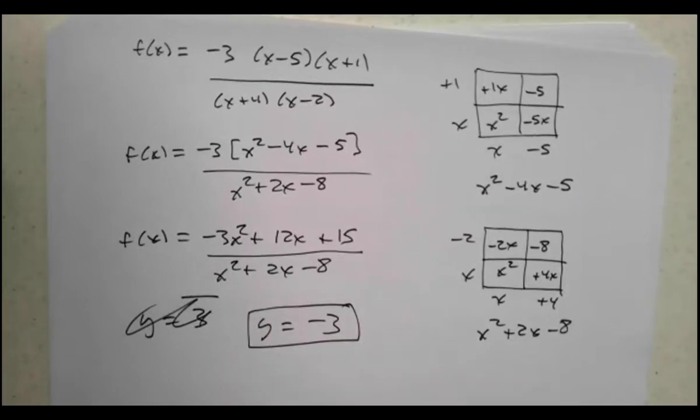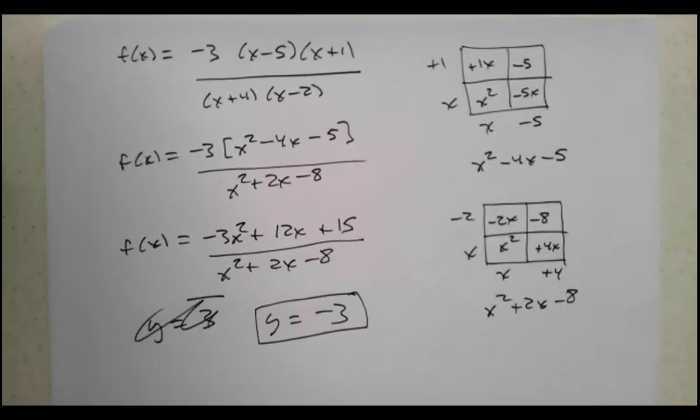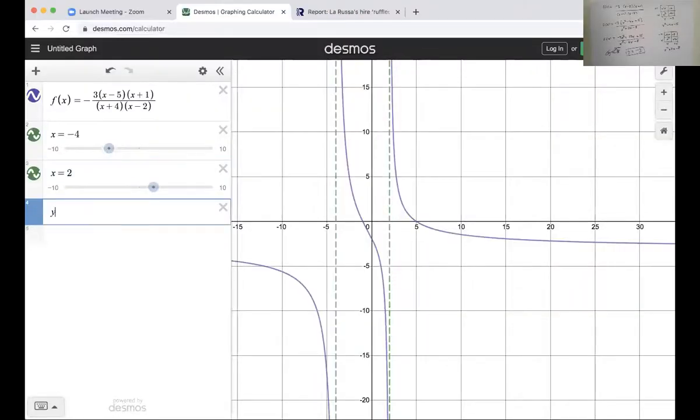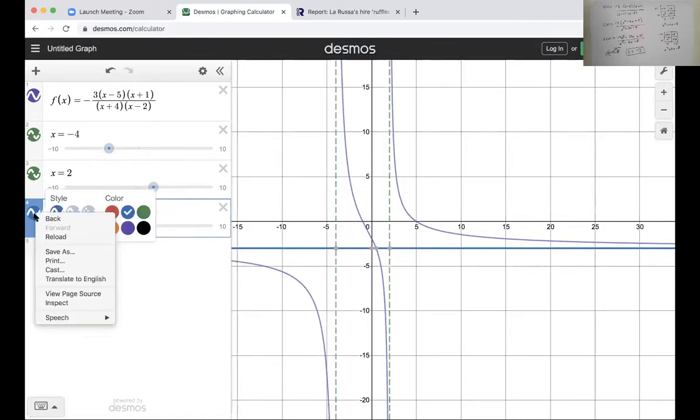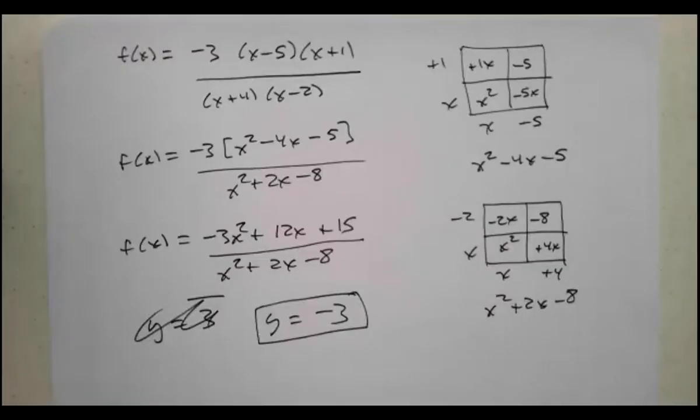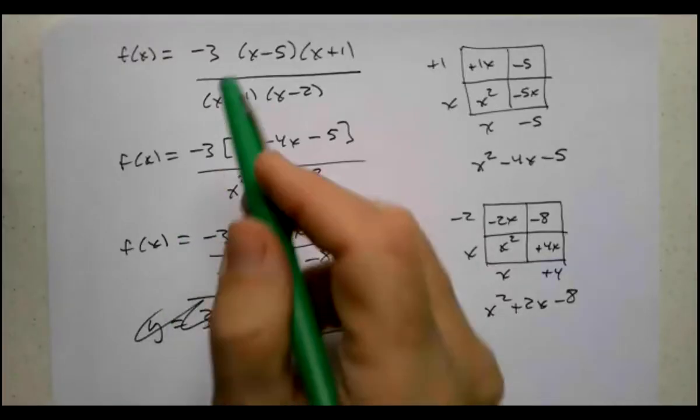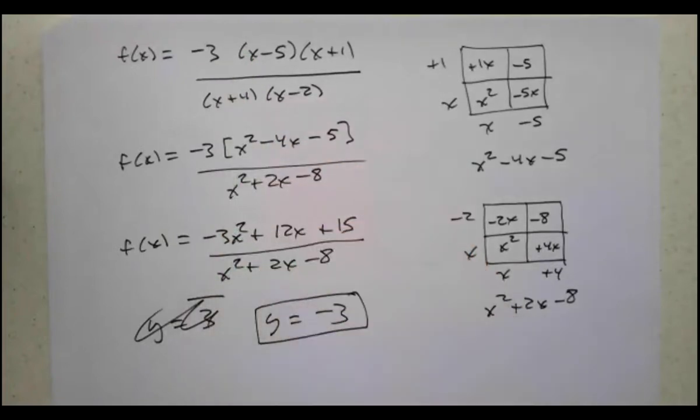We'll go back and take a look at the graph. This is what we had last time on Desmos. Do we see a horizontal asymptote at y = -3? It looks good; indeed, that is there. Now, you have a slant asymptote if the degree of the top is one more than the degree of the bottom.